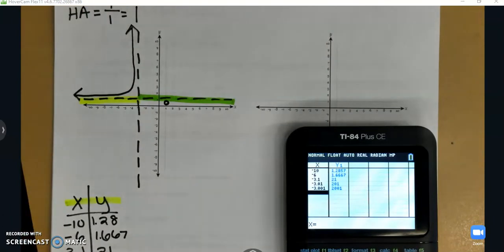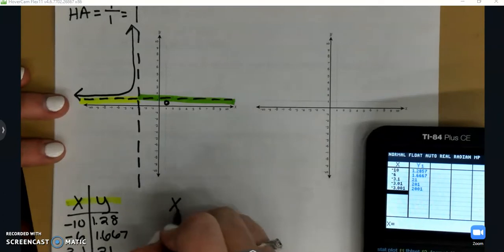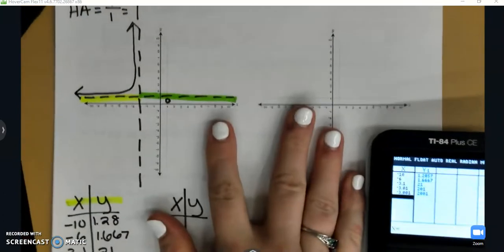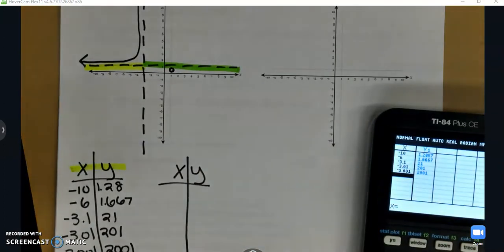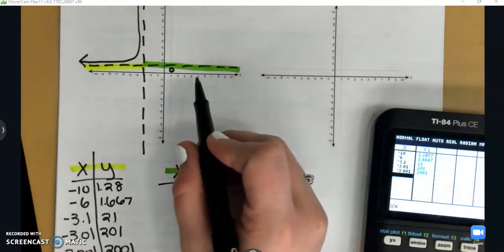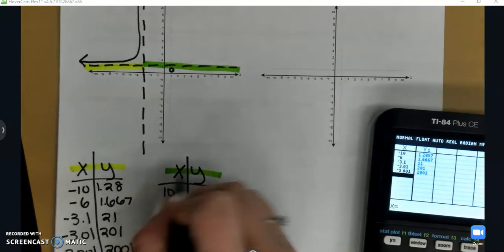So now we're going to repeat the same thing for the green side of our graph. And based on where our hole is, you should be able to guess where exactly this graph should lie, more or less. So looking in the green area, some values that I'm going to have here. Well, 10, obviously. I can skip a few.